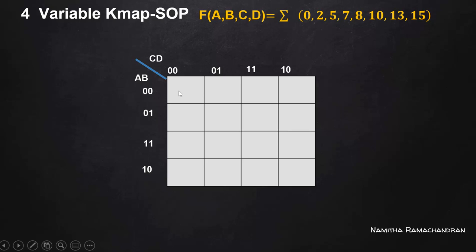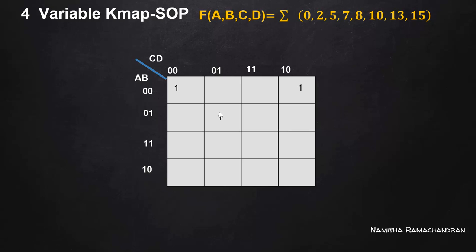This is the SOP form representation, which means for these input combinations we have output value 1. So here we need to mark 1 for 2. This is 0010. This is 2. And 5. What is the binary of 5? 0101. So mark 1 here.